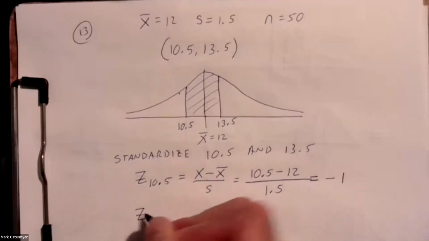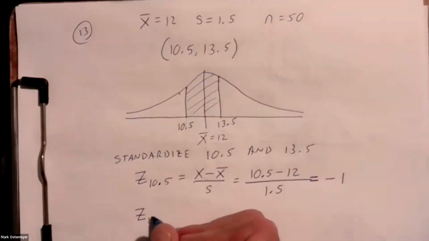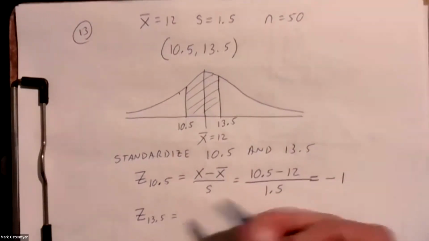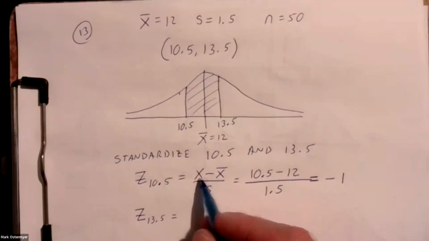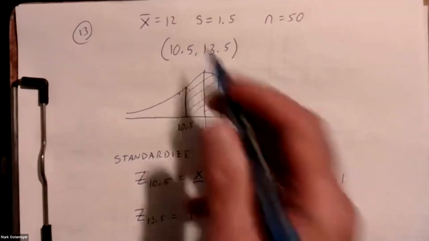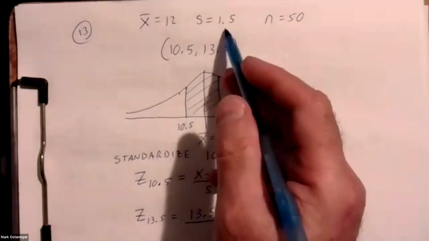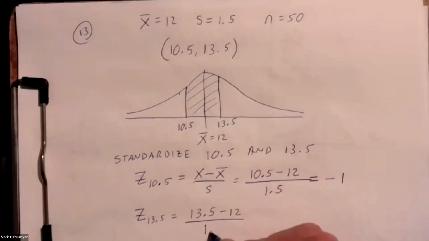Now we have to standardize 13.5, the upper endpoint of this interval of interest. We put 13.5 in for x, subtract off the mean of this normal distribution, which is 12, divided by the standard deviation, which is 1.5.